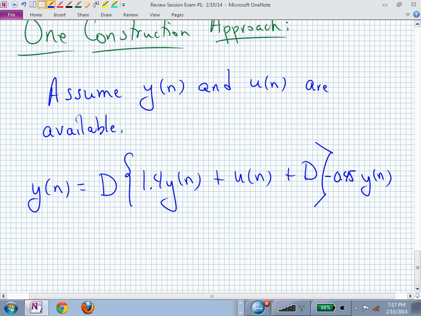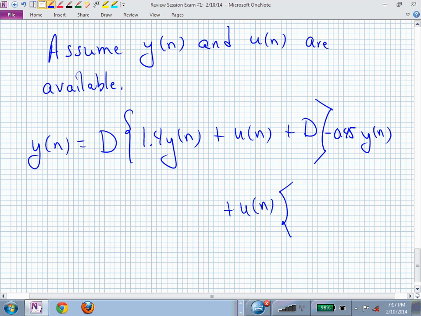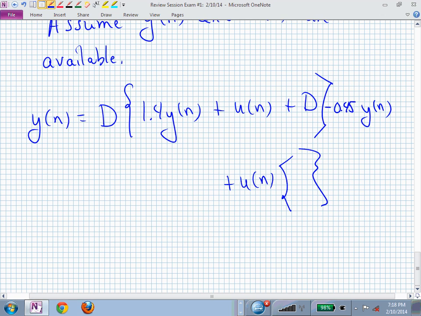Inside that weird looking bracket, I need to put another u to have a u delayed twice, so that I now have plus u of n. Now I'll close up that bracket, and I'll close up the other bracket. And now I'm saying that that right-hand side is equivalent to the beginning expression.